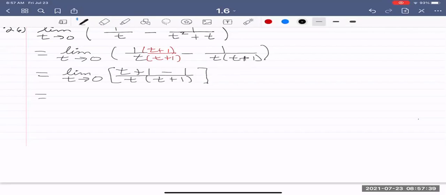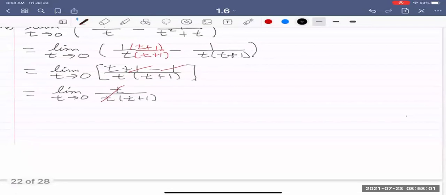So this is equal to the limit as t approaches 0. The ones cancel. So I just get t over t plus 1. The t's cancel. And so I just get the limit as t approaches 0 of 1 over t plus 1.